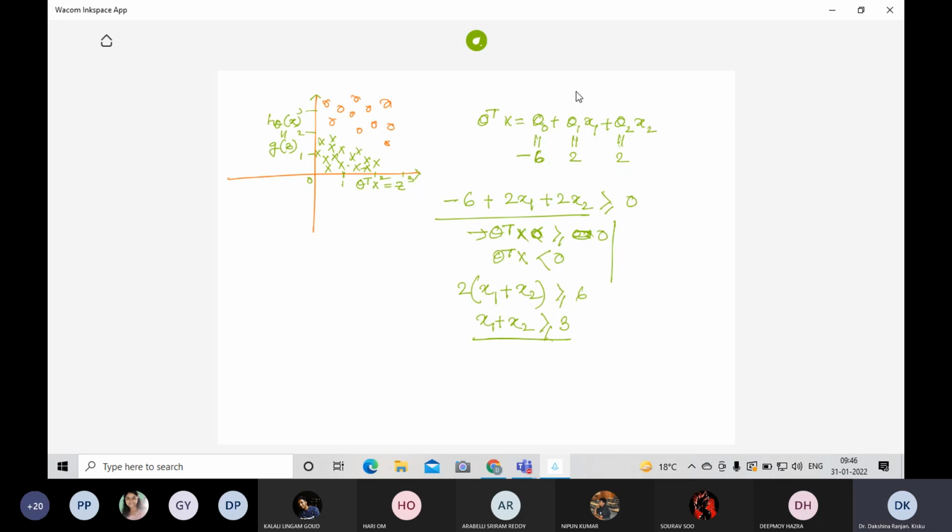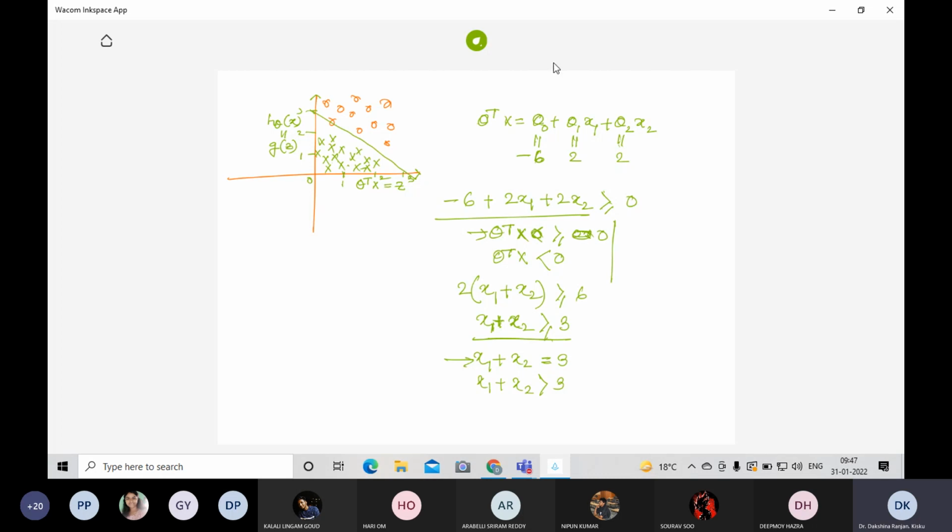If we interpret this final representation, we can have two different cases: x1 plus x2 equals 3, or x1 plus x2 greater than 3. That means the decision boundary that we are looking for would be x1 plus x2 equals 3.